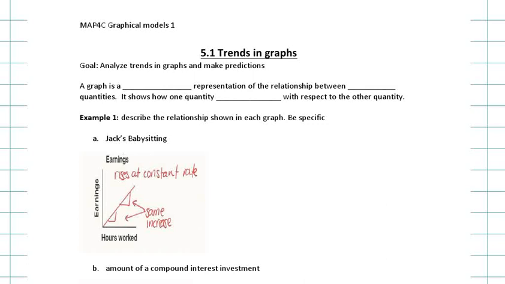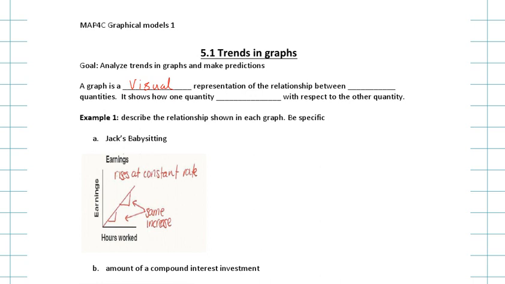Now, a graph is a visual representation of the relationship between two quantities. Every time you see, even when you're looking at commercials, or the stock market, or things where they want to catch your attention and give you a lot of information in one slide, they will do it as a graph.